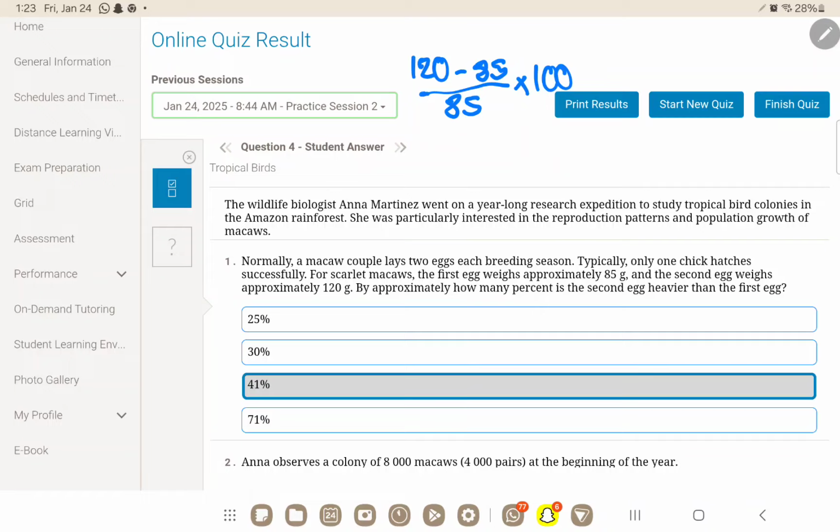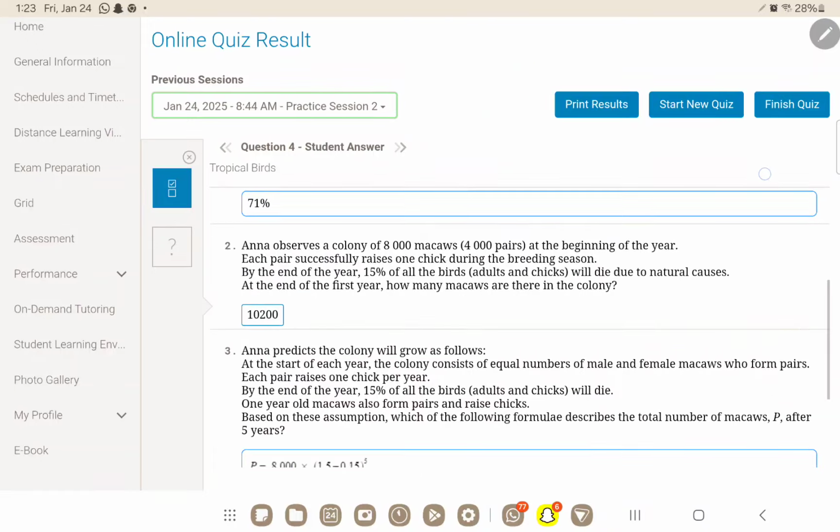Guys, make sure to put it all in a fraction and put it in your calculator correctly. Times 100 will give us 41.17, whatever, around 41%. This is the closest option to your answer. So that's how you solve the first part. Now let's move on to the second.